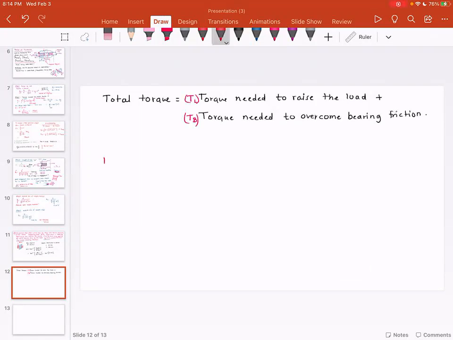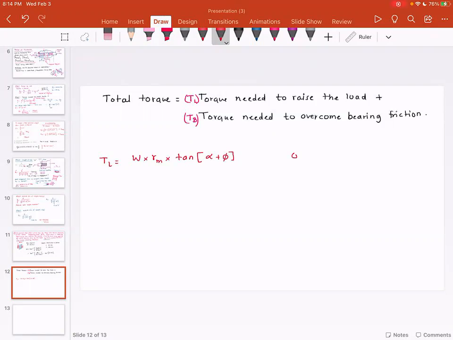So TL is equal to W multiplied by mean radius multiplied by tan of alpha plus phi.